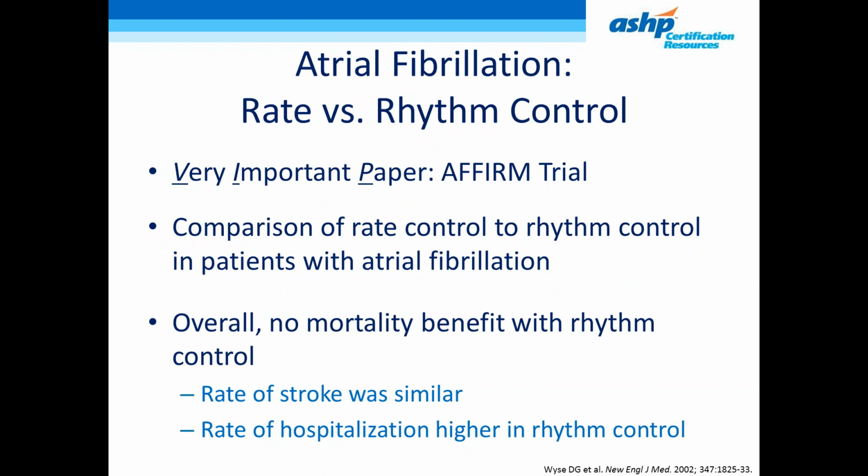The rate of stroke was also similar for those patients that were in the rhythm control strategy compared to rate control strategy, and the rate of hospitalization was actually higher in the rhythm control group. This is thought to be because the adverse effects associated with achieving rhythm control, which was done using antiarrhythmic drugs, outweighed any benefit there was associated with maintaining those patients in sinus rhythm.